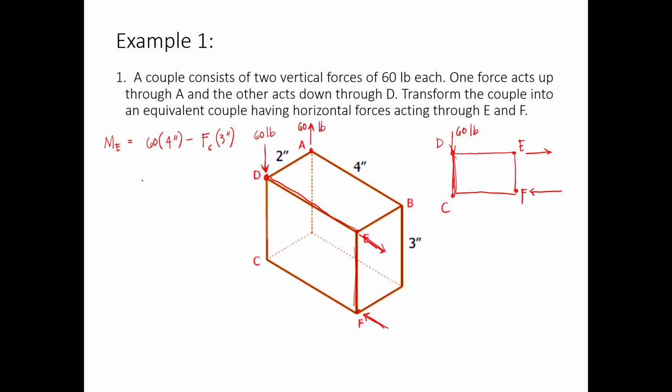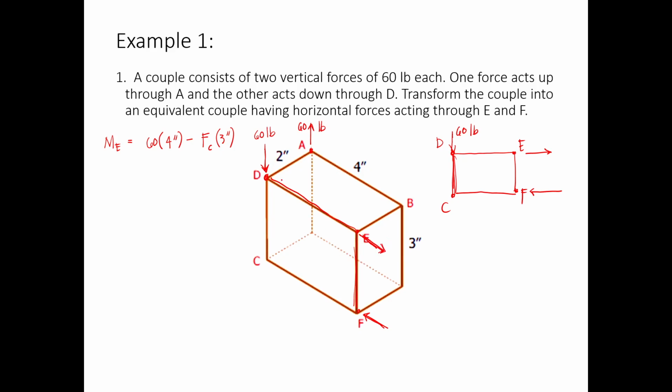Since the moment is equivalent, the moment about point E should be equal to 0. What we are trying to find is the equivalent of the 60 couple converted into the horizontal condition.